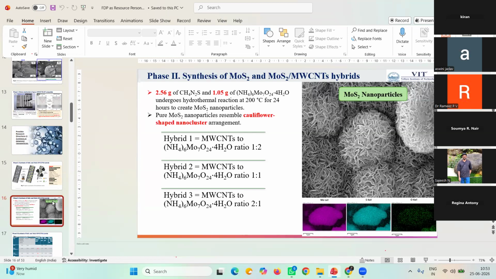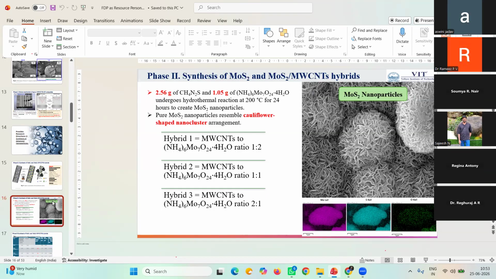But if you know the precursors of MoS2, how this MoS2 is prepared, the equation is given here. CH4N2S, that is thiourea. The sulfur in the MoS2 comes from this thiourea, and the other chemical, (NH4)6Mo7O24, is ammonium molybdate tetrahydrate. The Mo is coming from that ammonium molybdate tetrahydrate.